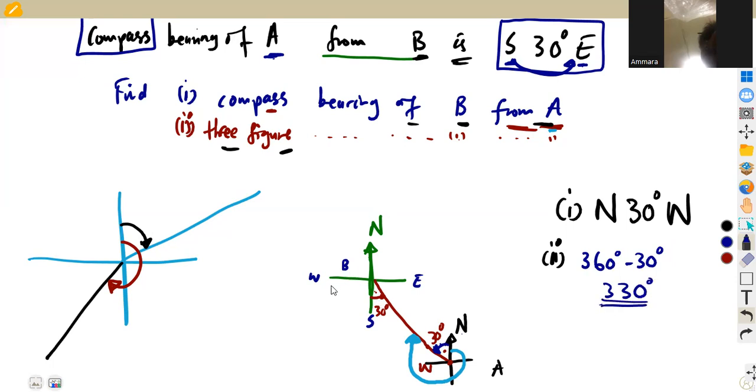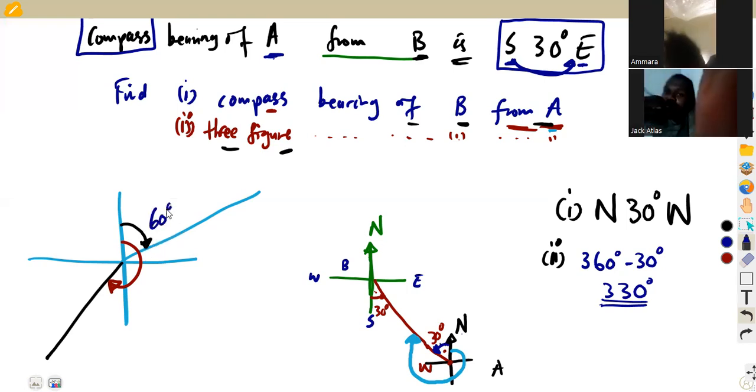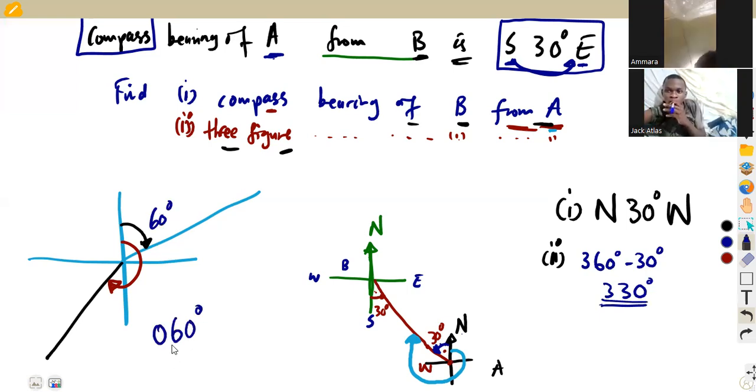It's supposed to have 3 digits. Mostly if you're given a quadrant, if it is in this first one like this, you obtain an angle that is less than 90 there. You're going to obtain a 2-digit value, maybe it's 60 degrees. On your final answer, you write it as 060.